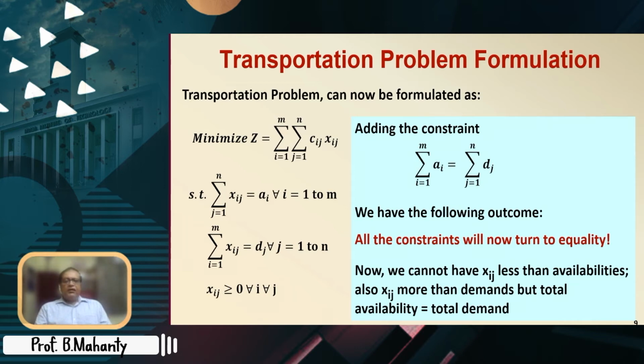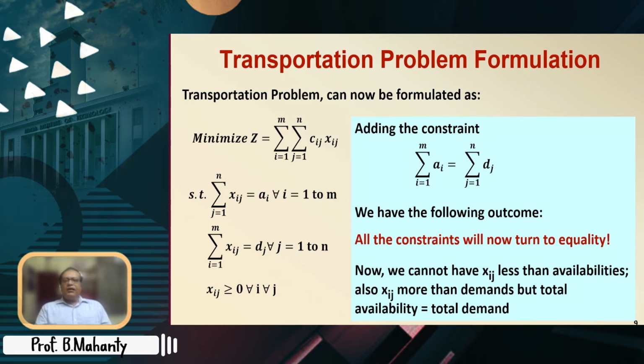Is it all right? Because the total is the same on both sides, out of the 7 constraints only 6 are going to be independent, and at least one will be a dependent constraint. So it will not give any new variable values.